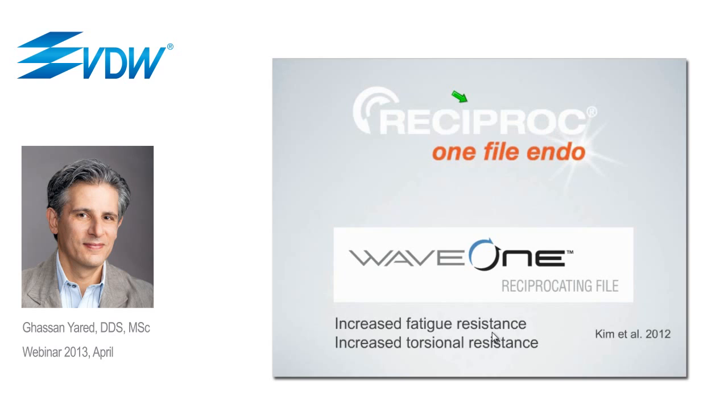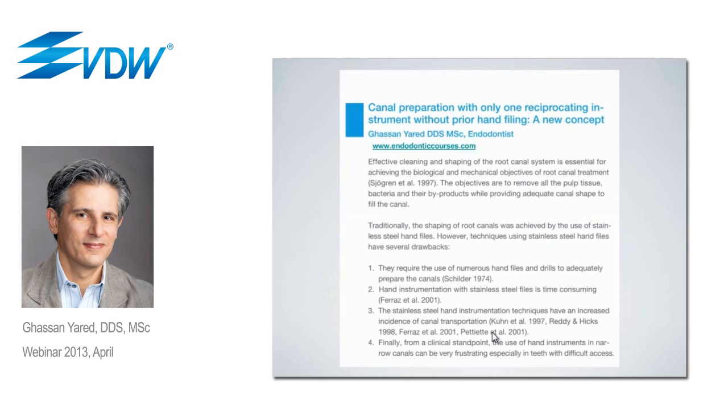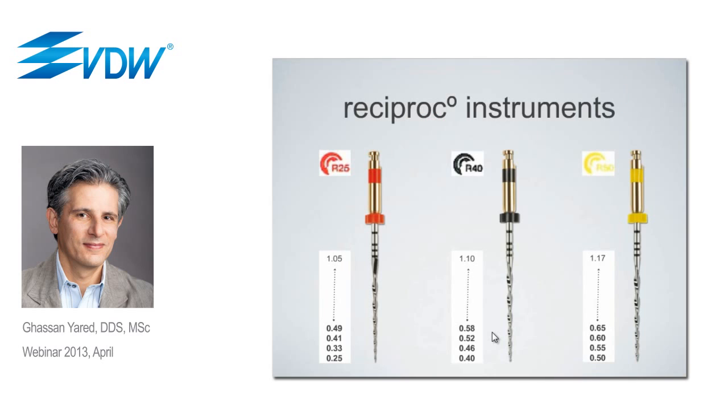Second, and this is a very important reason, the Reciproc instrument is very efficient for root canal retreatments, whereas the WaveOne cannot be used for root canal retreatments. And I will discuss retreatments also later in the presentation. But these are the reasons for which I personally prefer the Reciproc instrument over the WaveOne instrument.